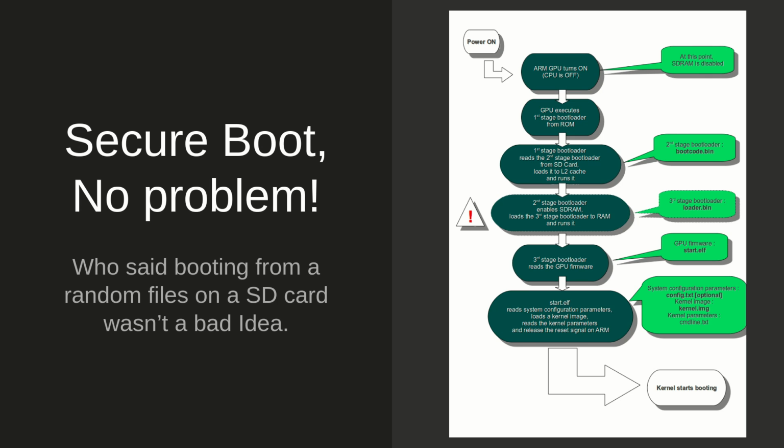Basically, the GPU sets up the environment by first executing stage 1 of the bootloader, which is run by the GPU. It fetches the initial boot code, which is bootcode.bin, nicely named, and it's executed on the GPU.